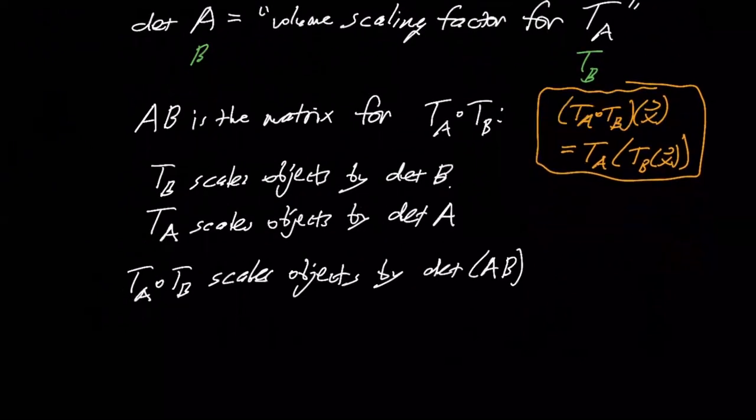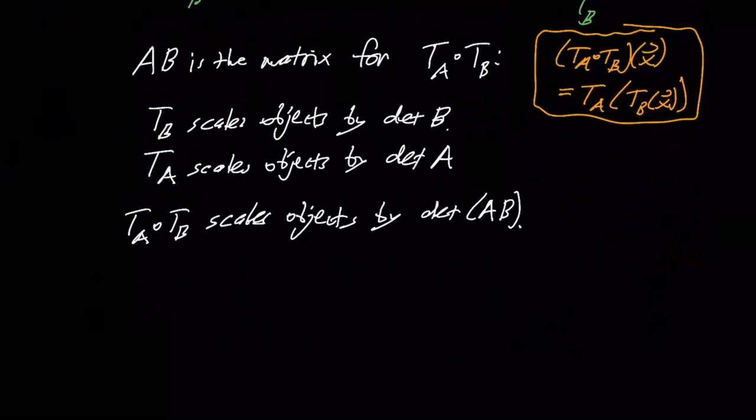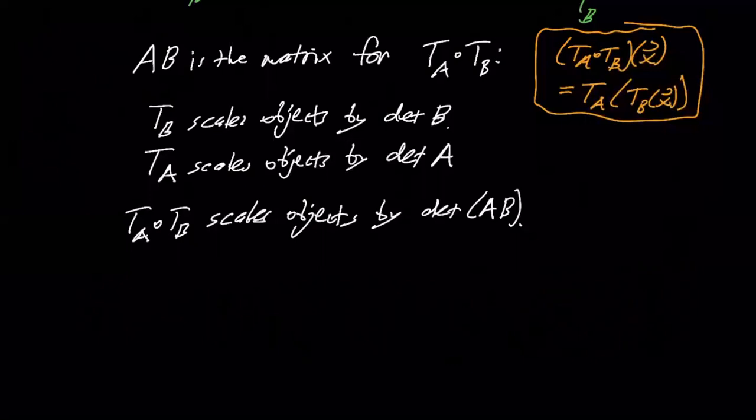But just imagine what happens if you apply T sub B and then you apply T sub A. Say we're in R^n, and I have some object with area, let's call this object S, like a set.